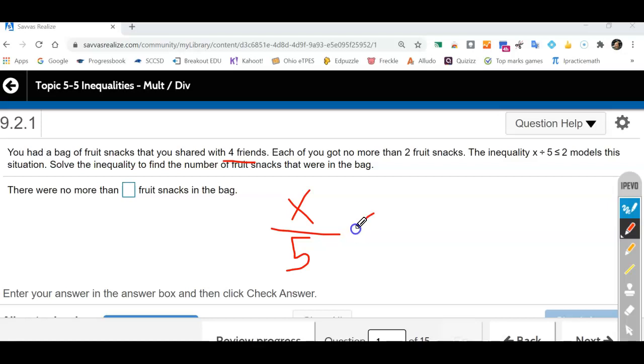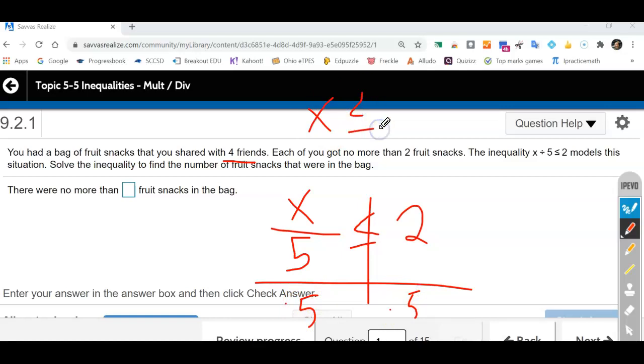Now, you guys get less than or equals to 2. That means we multiply or divide. We're going to multiply by 5, right? And X is less than or equals to 10. What does that mean?